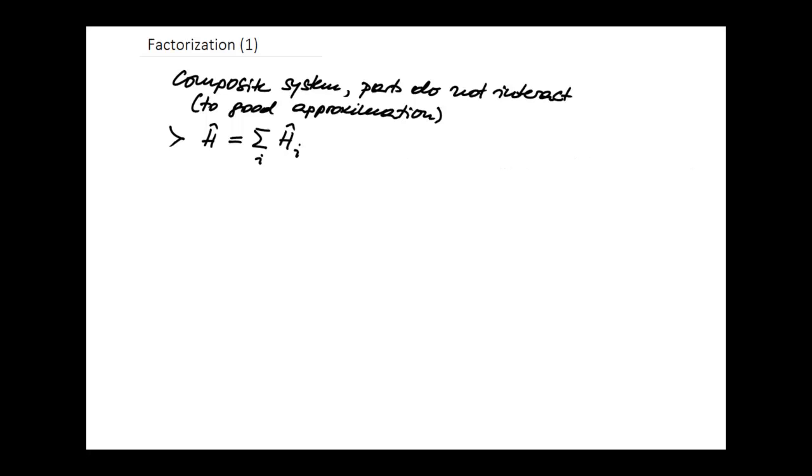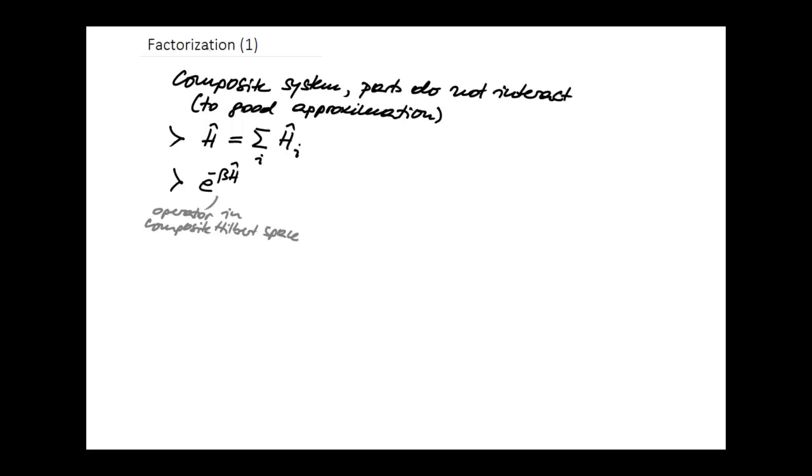This implies that when we exponentiate that, so we have e to the minus beta H, where H is now the total Hamiltonian, this exponential is an operator in the composite Hilbert space.